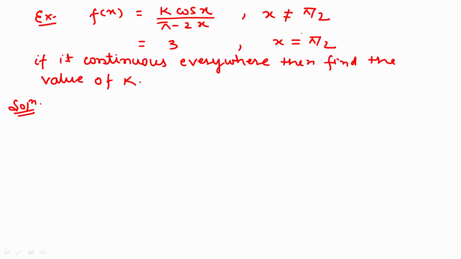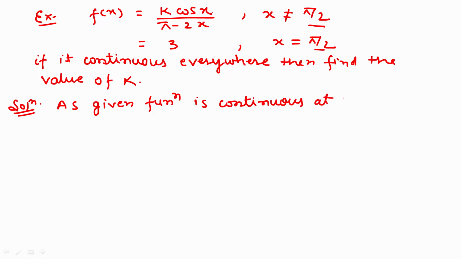So let's see, the repeating number is pi by 2. So we will check the continuity of the function at x is equal to pi by 2. As the given function is continuous at x is equal to pi by 2, the left hand and right hand limits are both equal.